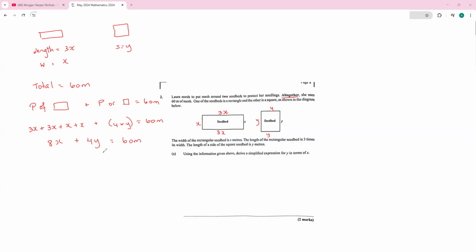Now, they asked you for it in y, in terms of x. Anytime they give you something like this, where they say one variable in terms of the other, it means that first variable has to be alone on one side of the equal sign, and then the other variable will be on the other side.